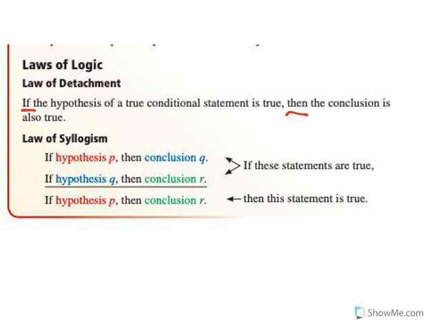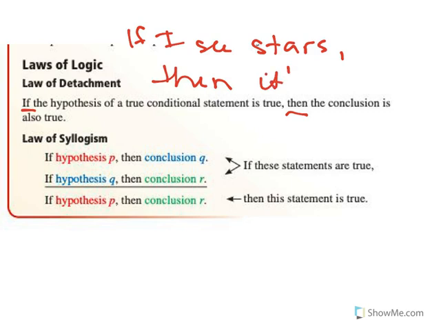The law of detachment says that if the hypothesis of a true conditional statement is true, then the conclusion is also true. So if you have a conditional statement, like one of the ones you did last week, if I can see stars, then it's nighttime.